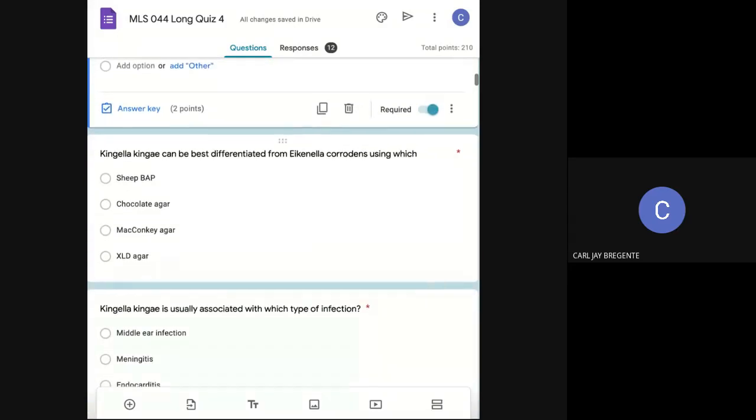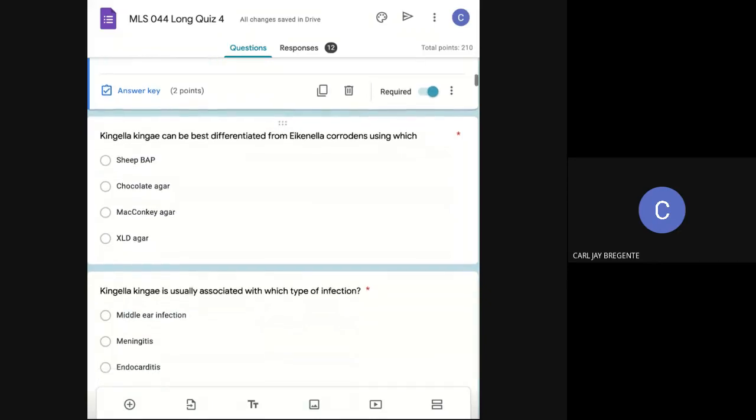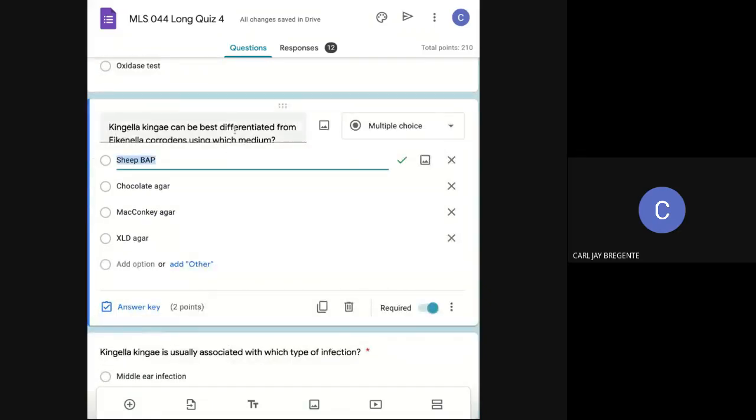Next, Kingella kingae can be best differentiated from Eikenella corrodens using what medium? This is sheep's blood. Because Eikenella corrodens class, usually you will see mga pitting of the agar. While sa Kingella kingae, walay mga pitting of the culture medium.